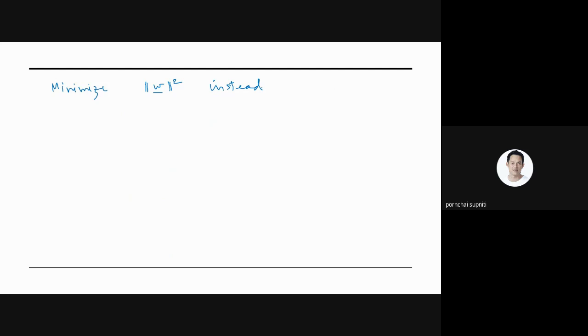You can call this a cost function as well, and we want to minimize the size of the weight vector squared with a condition.